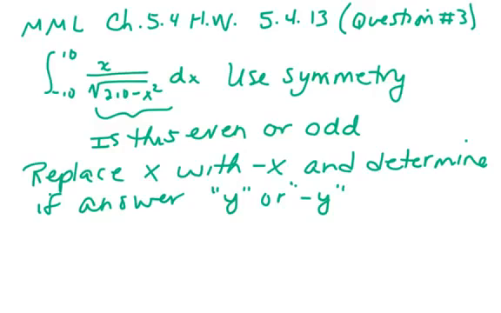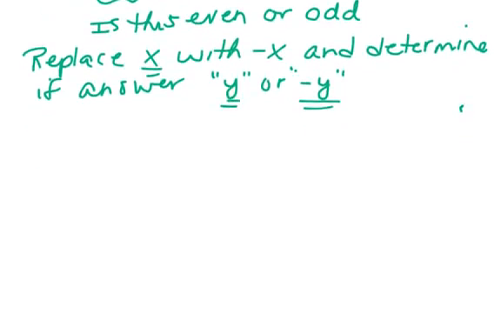Or you can look at it as is it f of x or negative f of x. So if it comes out to be negative or the opposite of the y that you get when you replace it with x, then you've got an odd function. If it comes out to be the same, then you have an even function. So let's go about replacing it.